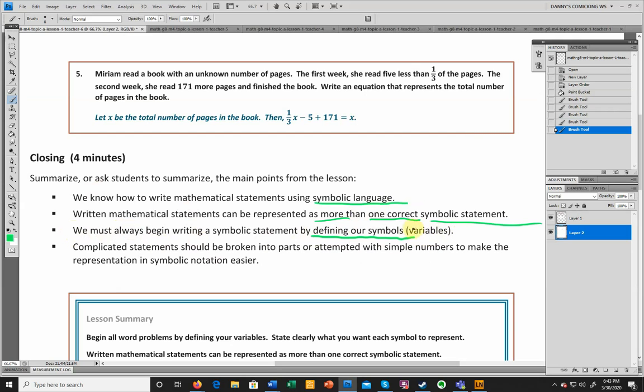The variables are usually the word we use for symbols. So x is a variable, y is a variable. Complicated statements should be broken into parts or attempted with simple numbers to make the representation in symbolic notation easier.